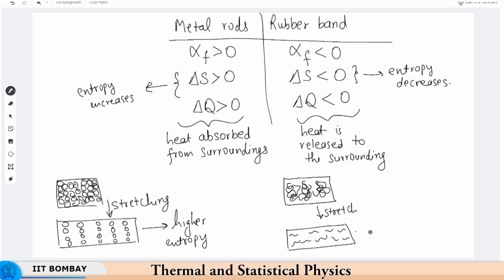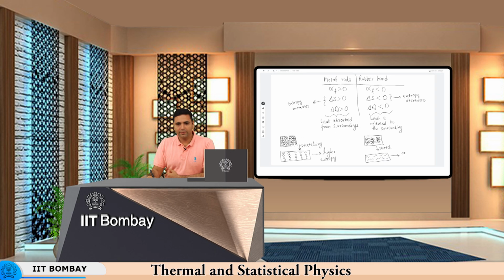So, therefore, in this case the entropy decreases. That is why we acquire a negative sign here, and that is all the outcome of this linear expansivity being a negative quantity.